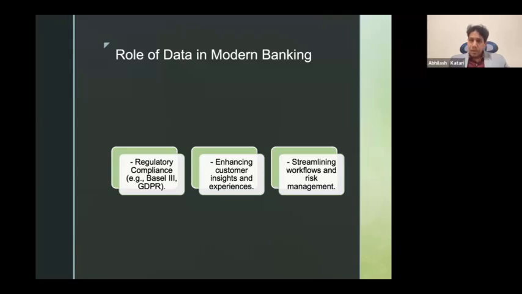And then how do you streamline this process? You collect the data, you work on being compliant with this data, and you also have to streamline this whole process so that the daily operations work without any risk in the banking operations.